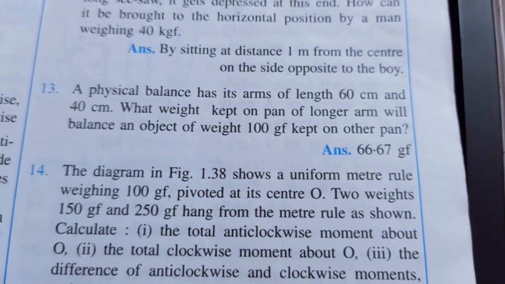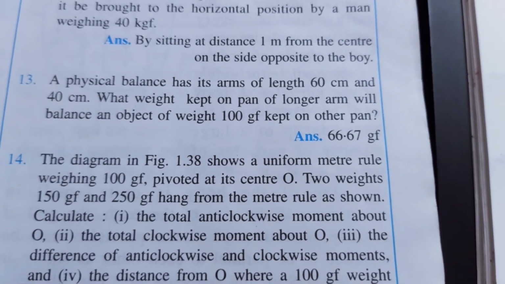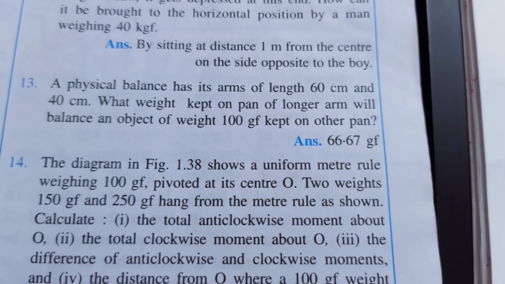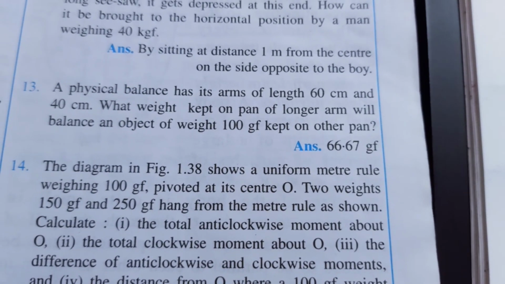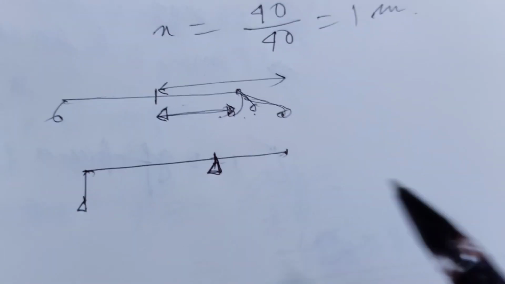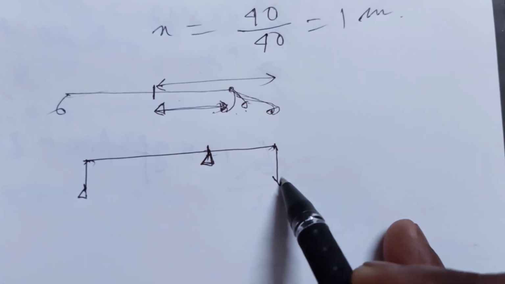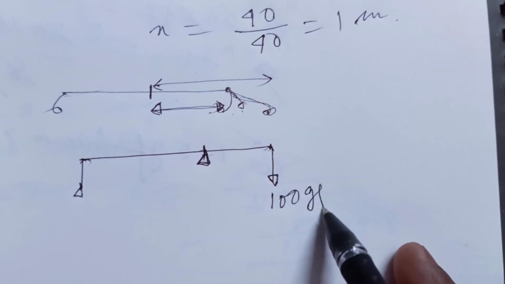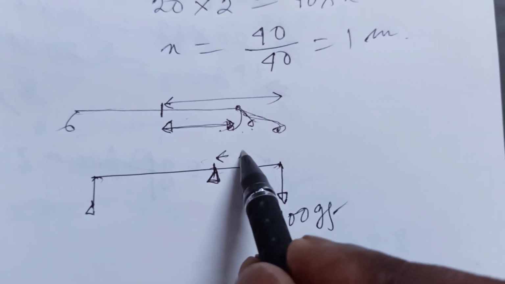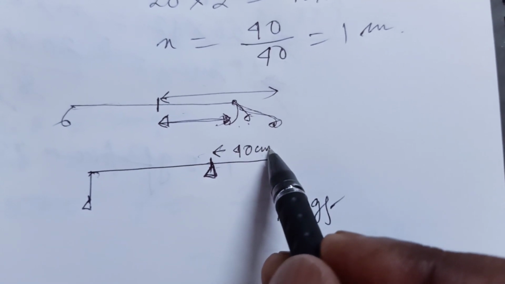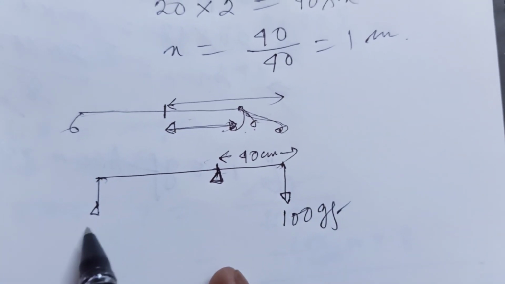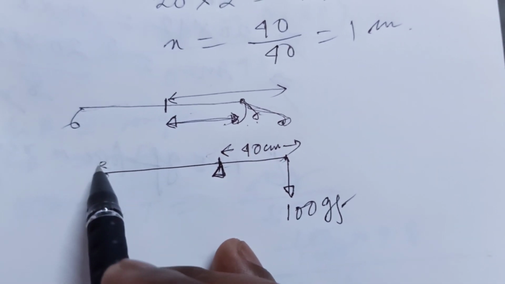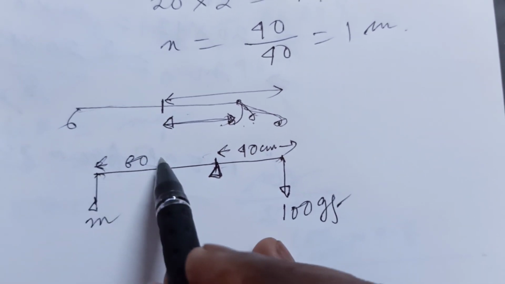What weight kept on the pan of the longer arm will balance an object of weight 100 gram kept on the other pan? The other pan means the shorter arm. Here it is a weight of 100 gram force at 40 centimeter. But here, suppose m gram at 60 centimeter.